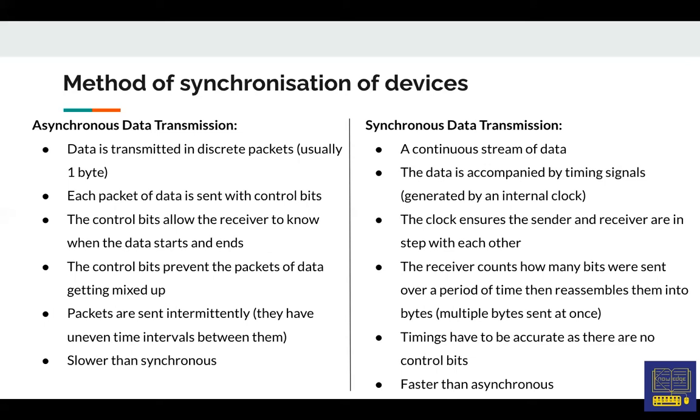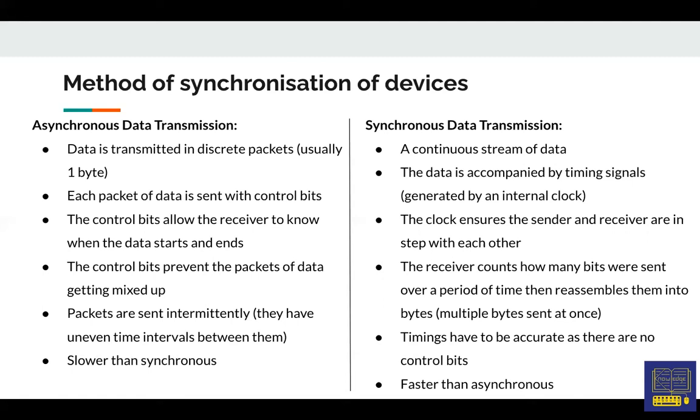How are they supposed to interpret the data, because we're not sending any control bits, we're not waiting for any period of time. And if the receiver or the sender is even slightly off, the data can be misinterpreted quite drastically, all right? So the way we prevent that is we use timing signals.